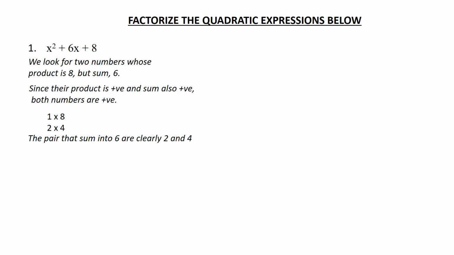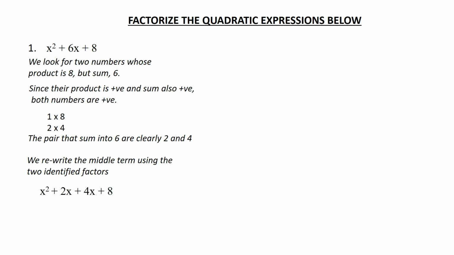So we rewrite the quadratic expression that we started with, which was x squared plus 6x plus 8. This time using the 2 and 4 becomes x squared plus 2x plus 4x plus 8. Now we do have 4 terms instead of the 3 that we started with.